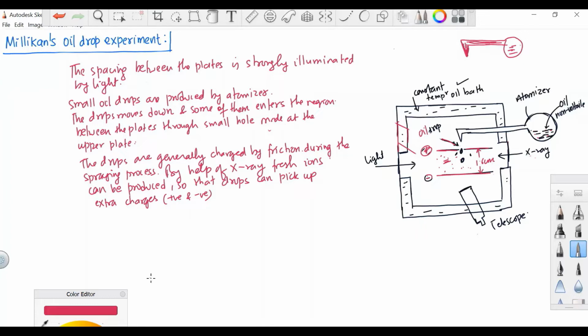So we find this. Now, for observation purpose, we consider a negatively charged single oil drop and study its motion under gravity and under the influence of electric field.